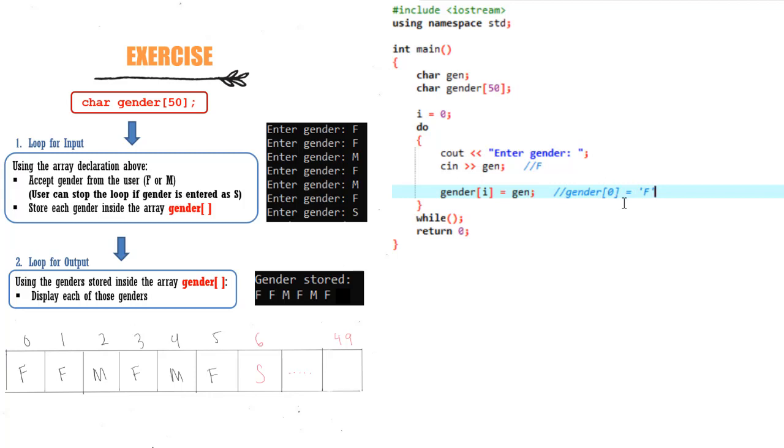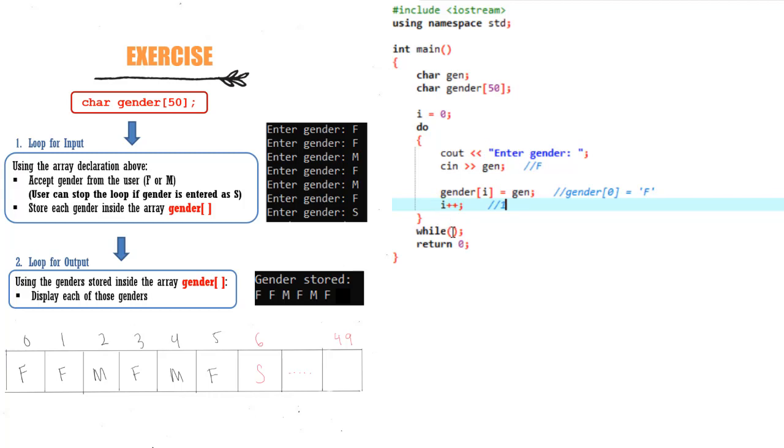So how do we move on to the next location? This means that we need to update the I. So we can do I++. Suddenly the I from 0 becomes 1. This is how we're going to do the array and how we store the data inside the array with a sentinel loop.